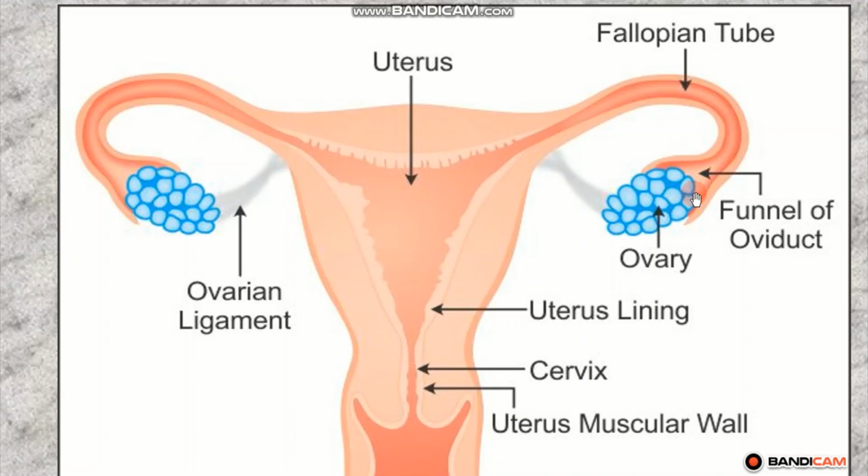It has finger-like projections, and that finger-like structure is known as fimbriae, on both sides.